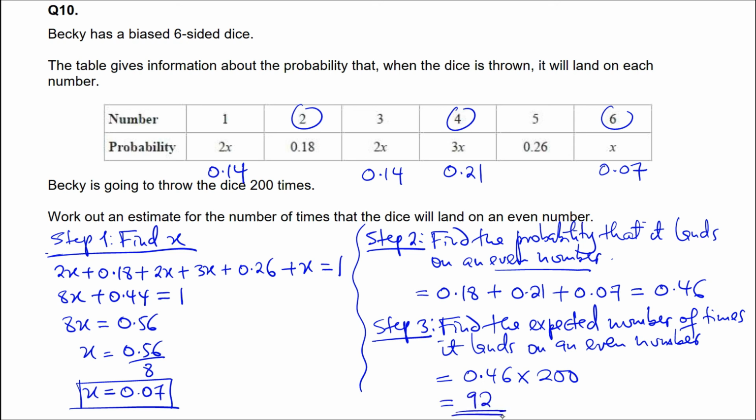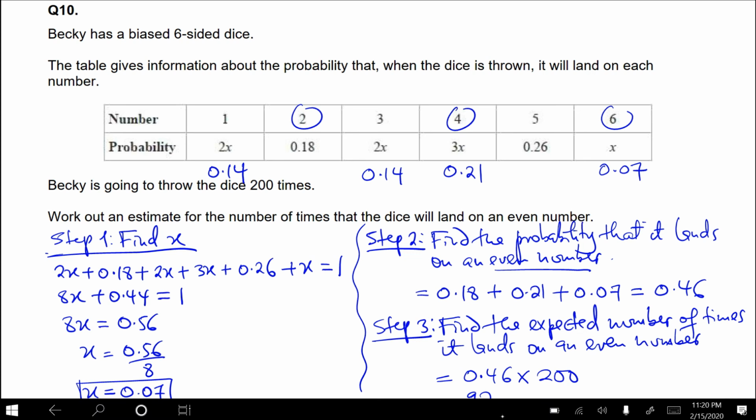So we expect this die to land on an even number 92 times.